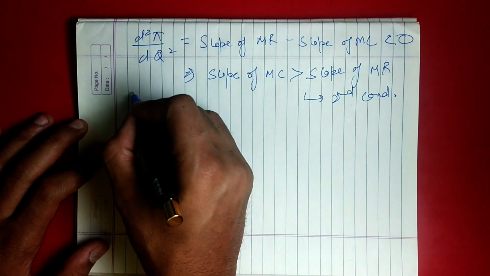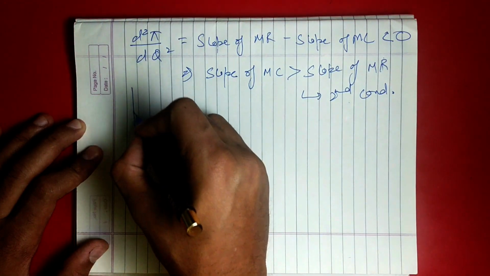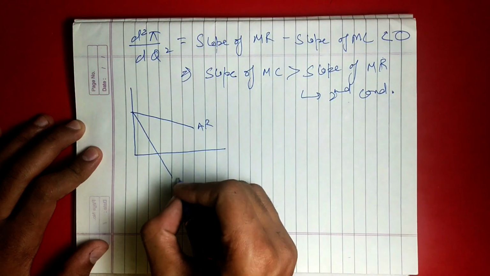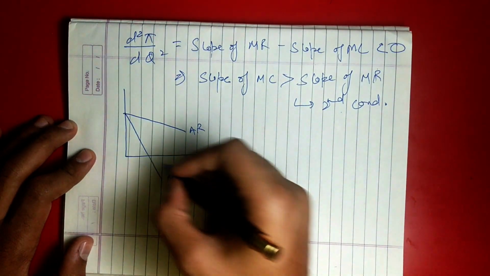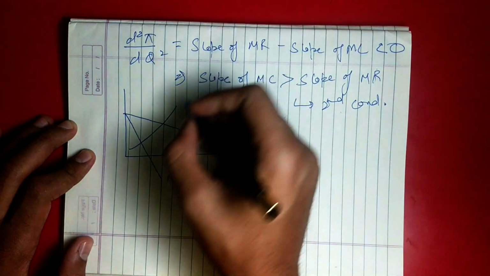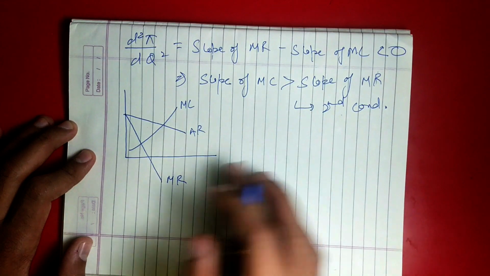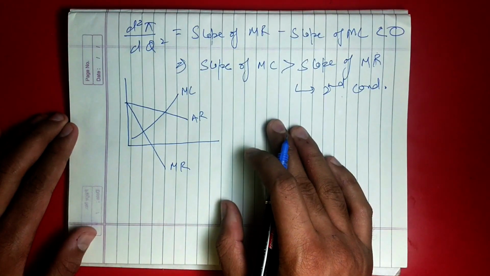So if I show it in the diagram, this is MR, this is AR, and this is MC. I'm assuming MC to be upward sloping since it is not mentioned anywhere. So I'm taking just the basic ones, right?